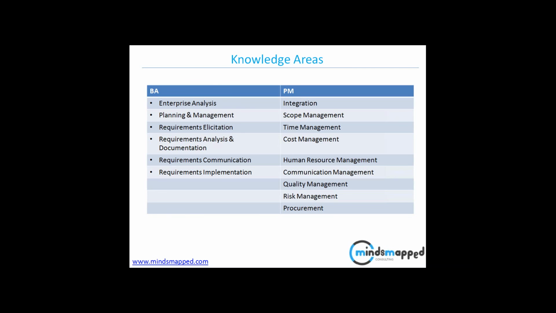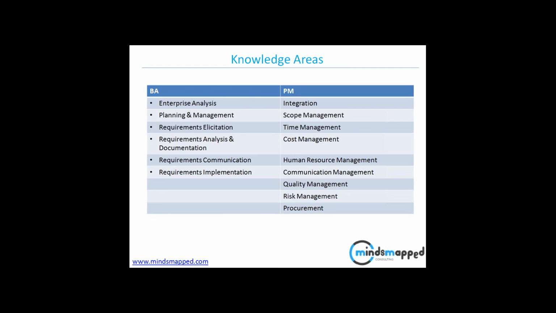All right, a business analyst would be doing a lot of planning and management of the requirements, and he'd be focused on the requirements: gathering from the customer, analyzing it, documenting it, and then communicating it to the development team so that they can start coding and developing the product.